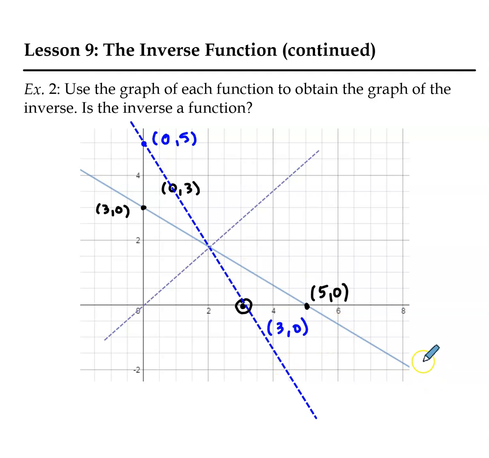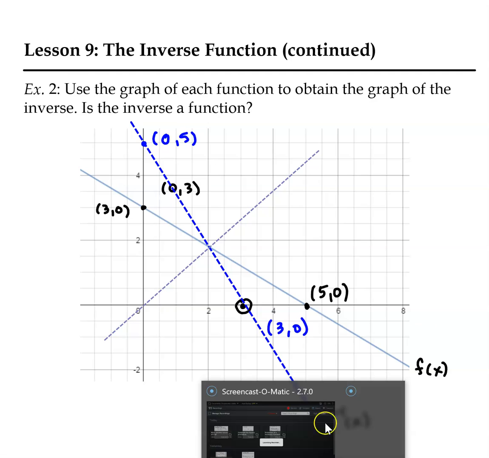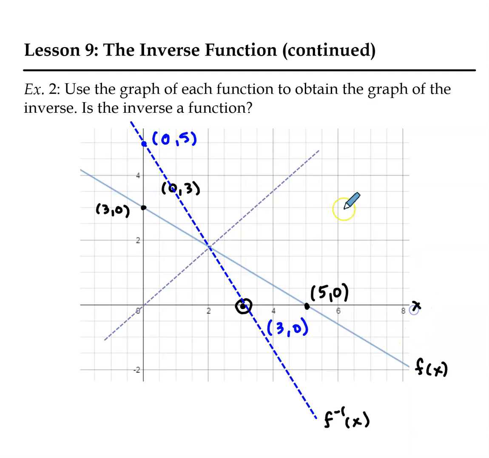So we started with f at x and ended with its inverse, f inverse at x. Don't forget to label your x and y axes. We observe that there is a reflection in the line y equals x.